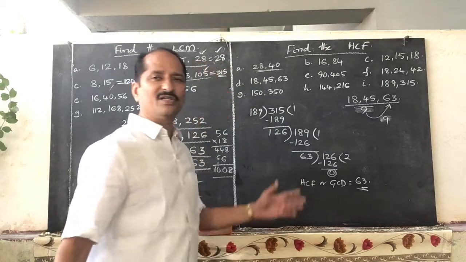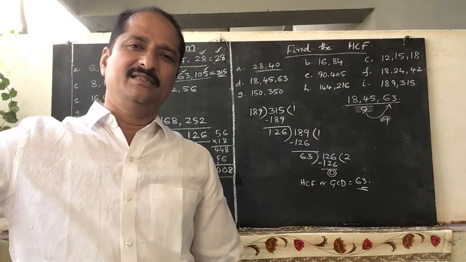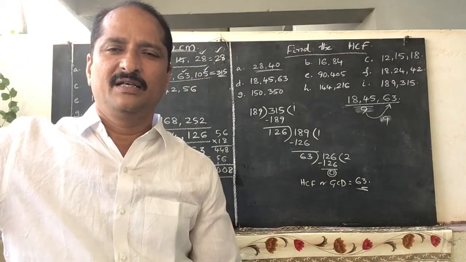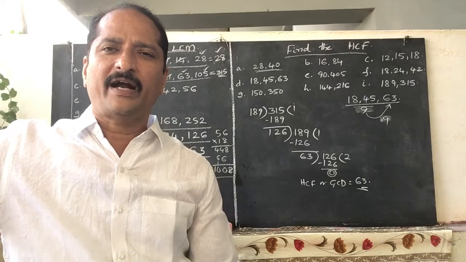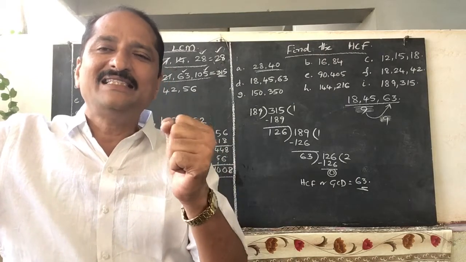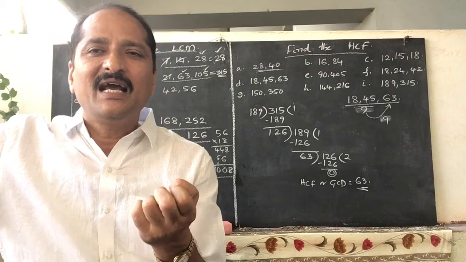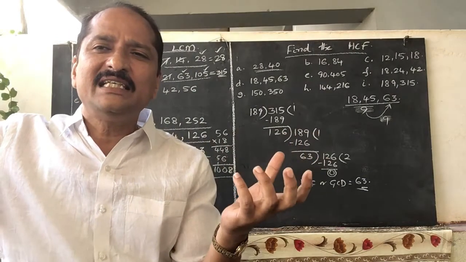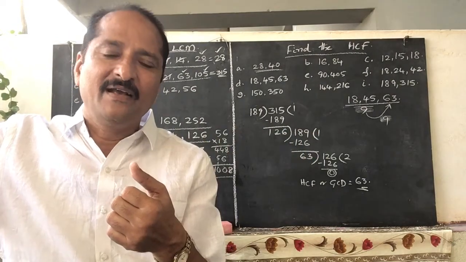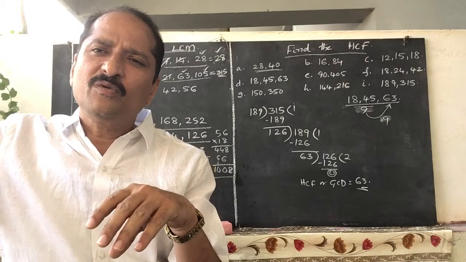Okay. So in this way you can find out the GCD or HCF. In this section we found how to find LCM in the easiest method, how to find GCD in the easiest method, and how to find both together.